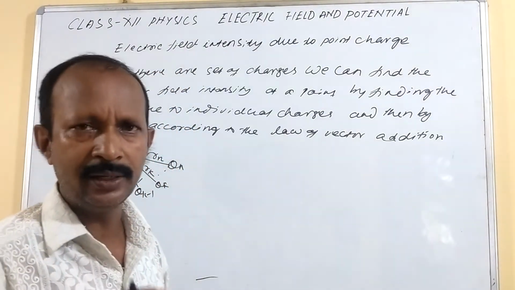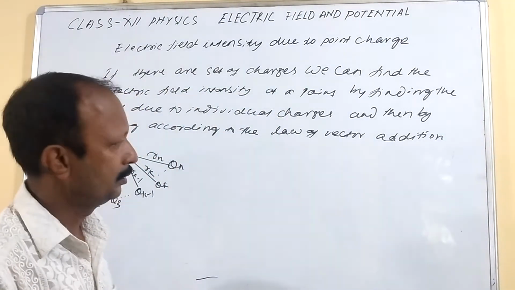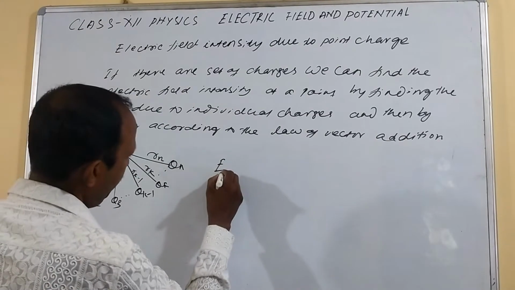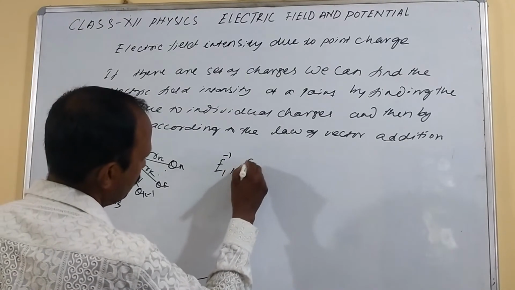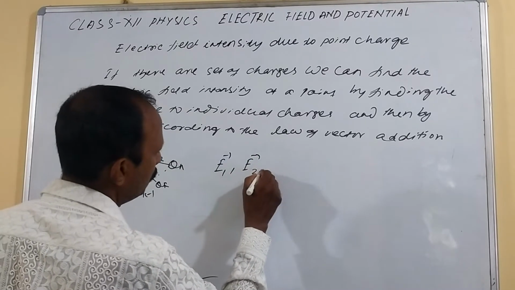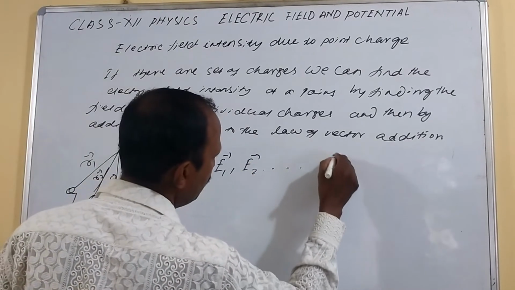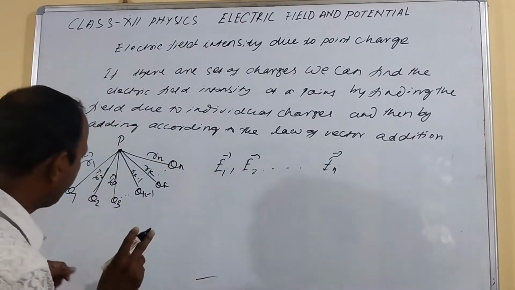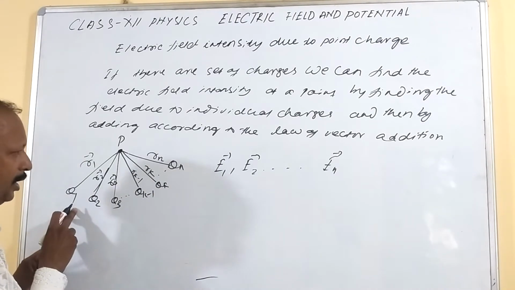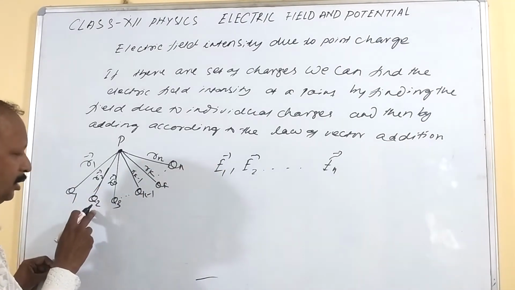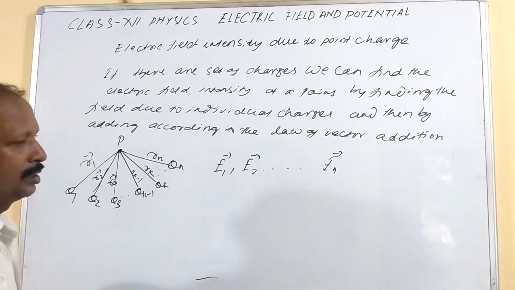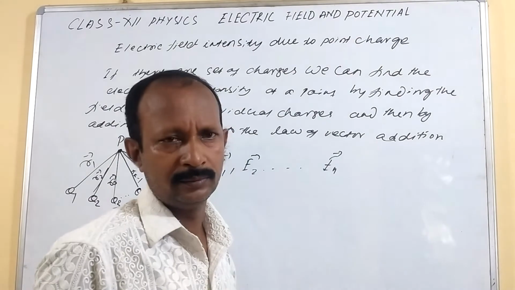I can find the electric field intensity by calculating the individual field intensities E1, E2 up to En. E1 is due to charge Q1, E2 due to charge Q2, similarly En due to charge Qn.